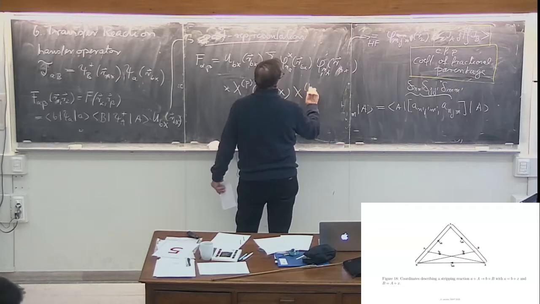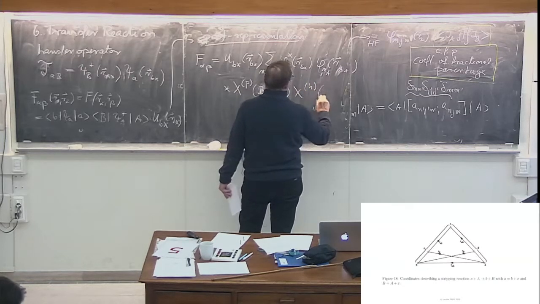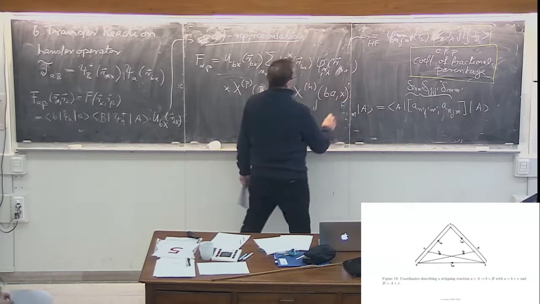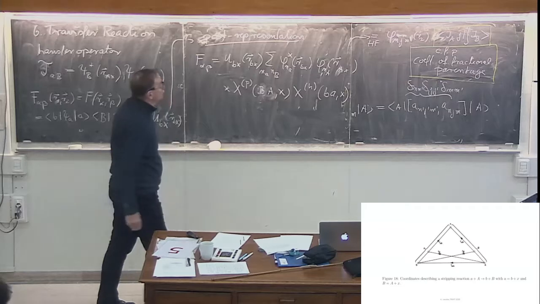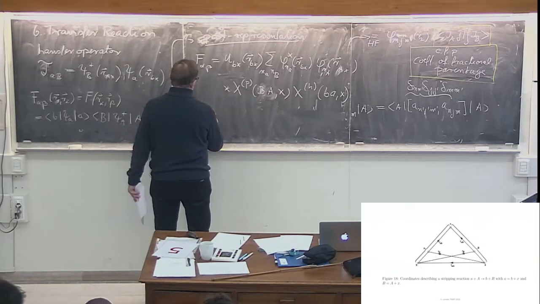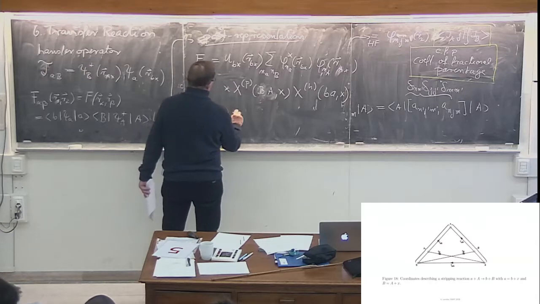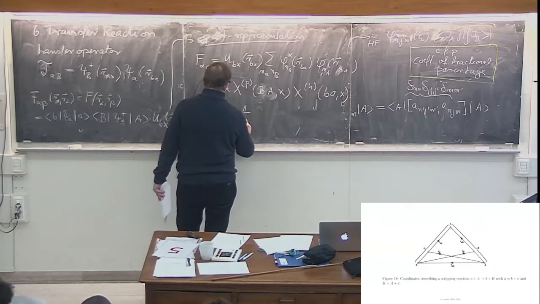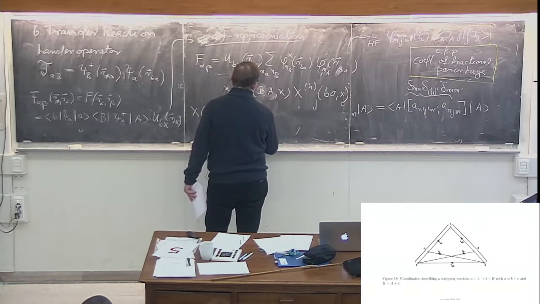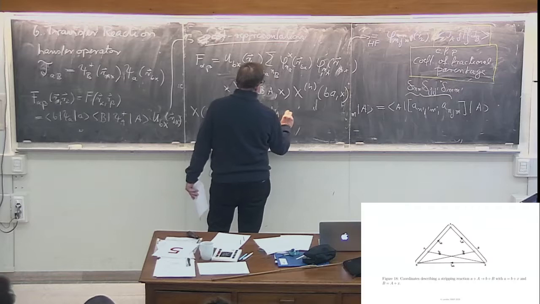And then you have a whole type spectroscopic amplitude, which is connecting B and A by the transfer of X. And these spectroscopic amplitudes, say B, A, X, can be decomposed according to the Wigner-Eckart theorem. Let's take this one here as an example.